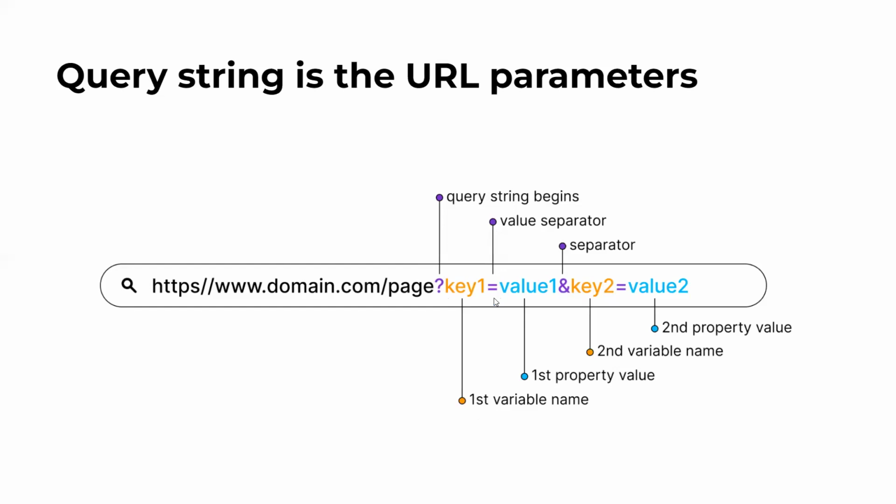So it basically means that the value of the first variable, which is q1, is equal to value 1. And if you have multiple variables for parameters, then we will have an ampersand sign as the separator, and then again we can input our second variable and the second value, and so on.